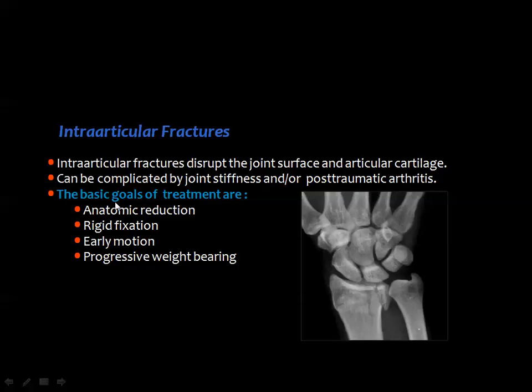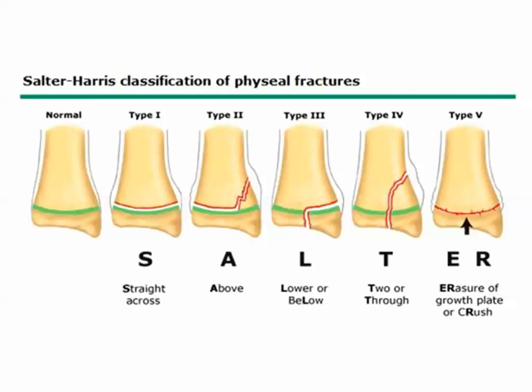Then the basic goals of treatment of these fractures should include accurate anatomic reduction, rigid fixation, early motion, and if this is in the lower limb, you ensure progressive weight bearing to maintain the function of the joint.